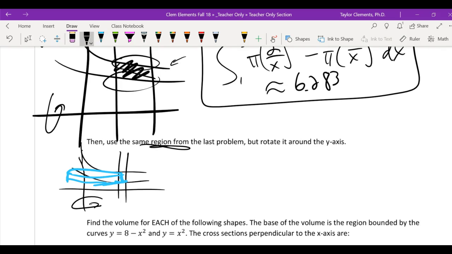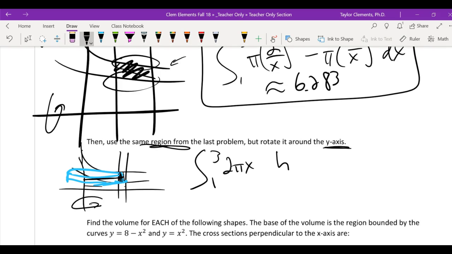That's a vertical slice. So from 1 to 3, the shell is 2 pi r times the height. Since we're going around the y-axis, that r value is just this distance right here, which for each slice is just the same as the x value. So that's convenient. And then the height is going to be the top one minus the bottom one.